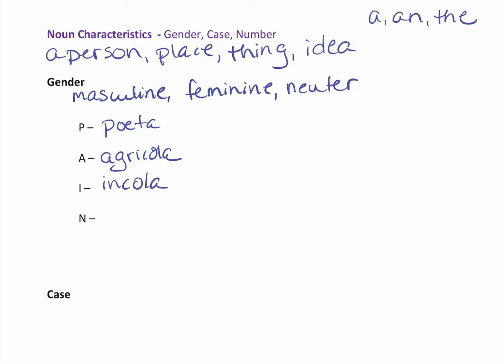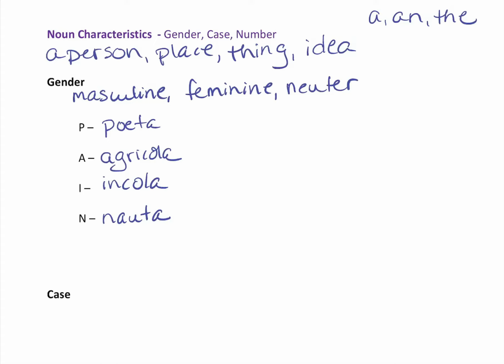Agricola is farmer, incola is settler, and nauta is sailor. They are first declension nouns, which are mostly feminine, but they were jobs that were considered to be held only by males. And yes, there is a famous Latin female poet, but we'll talk about her in Latin 3. So they happen to live in a feminine declension, but they are actually masculine.